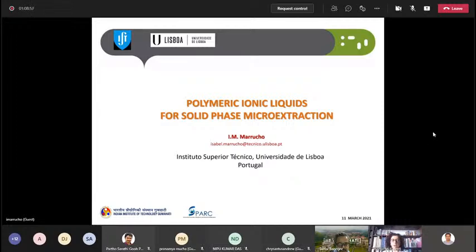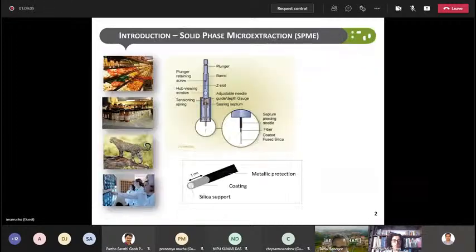The materials are going to be the same, but we are going to use them for solid phase microextraction. I don't know if all of you are familiar with solid phase microextraction, but it is a powerful sampling technique that allows us to concentrate analytes on a polymer coating.